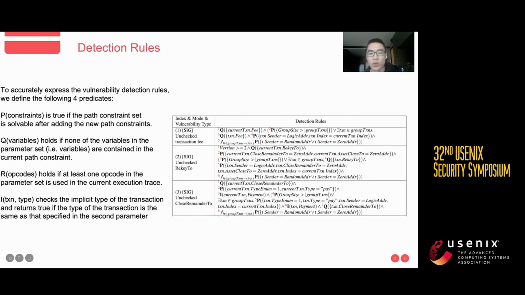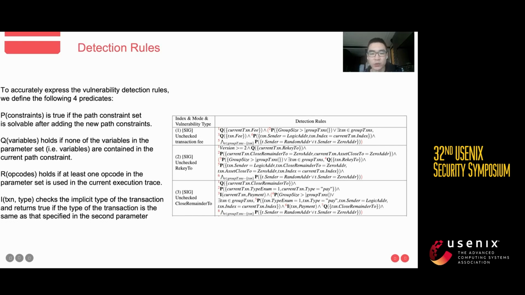The next part is the vulnerability detection rules. We define 4 predicates to accurately express the vulnerability detection rules. To be specific, the predicate P is true if new path constraints can be added while keeping the constraint set stable. The predicate Q is true if the current path constraint does not contain any variables from the parameter set.